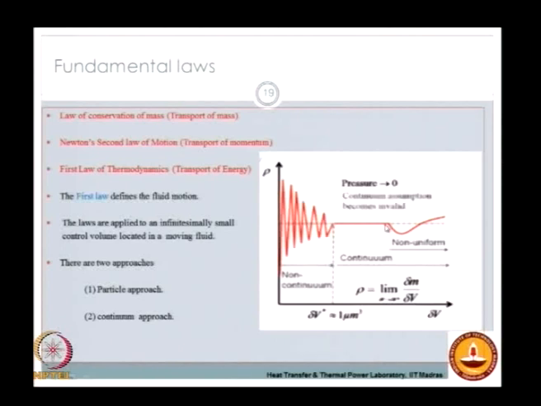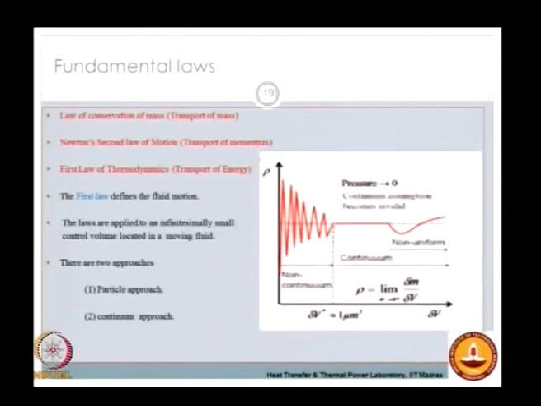So this signals that we have moved from a non-continuum regime, where you have very few particles or a very small control volume where you could not statistically define an average property such as density, and where your particle approach could be used. Whereas for volume sizes greater than this critical volume, the definition of density carries a certain meaning and the density becomes a constant. So here the continuum assumption is definitely valid.